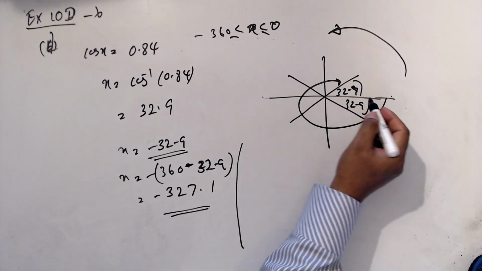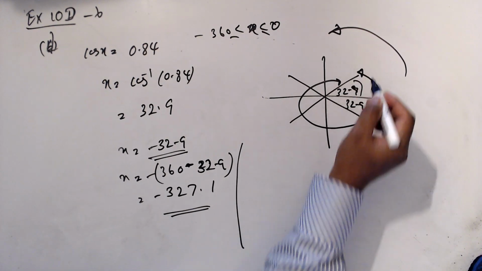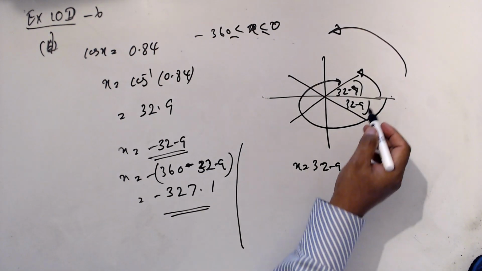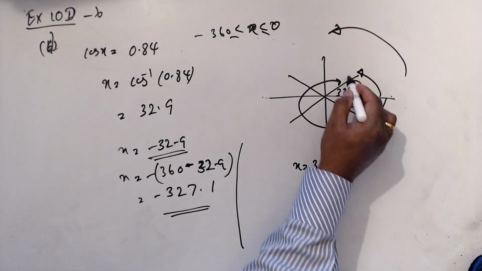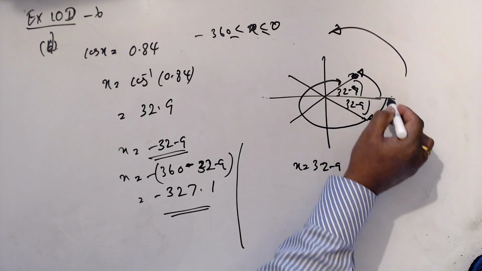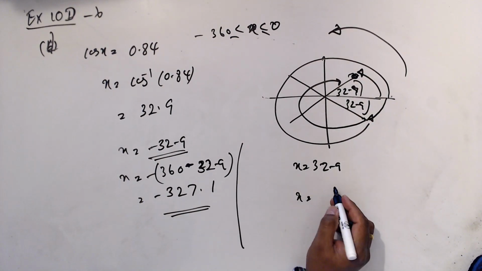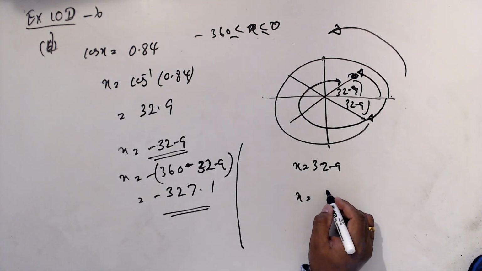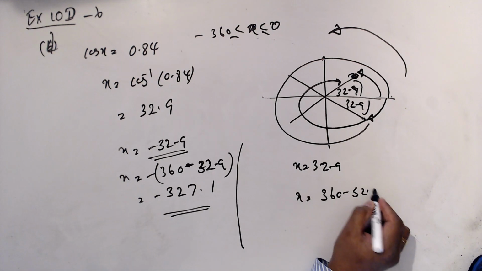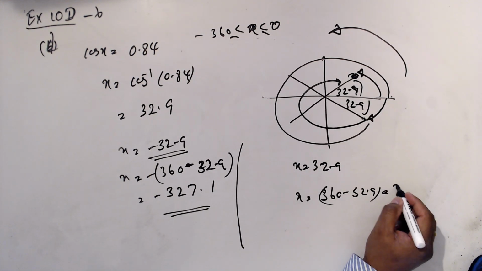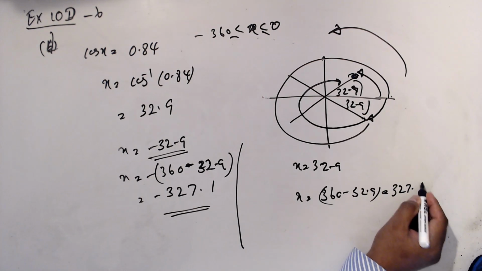What will happen if you come with the positive answers? x equal 32.9 and the other one is x equal 360 minus 32.9, so this is going to be positive 327.1.